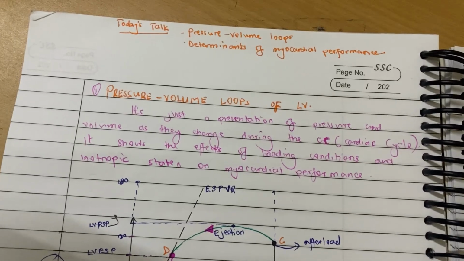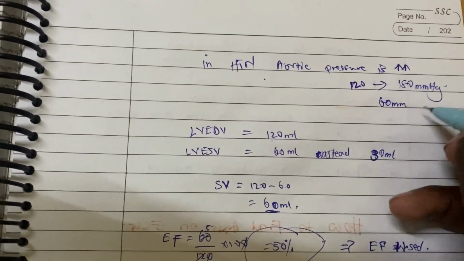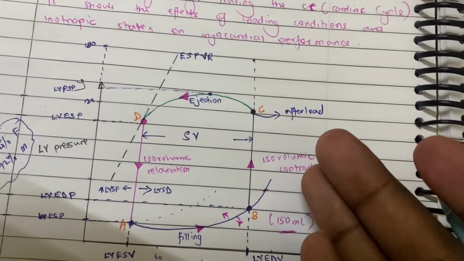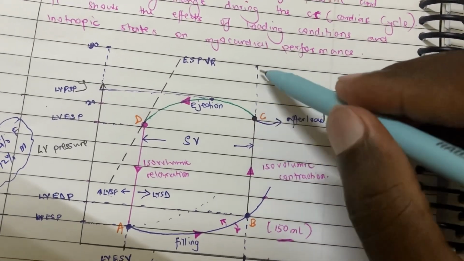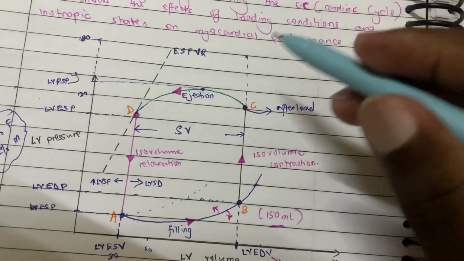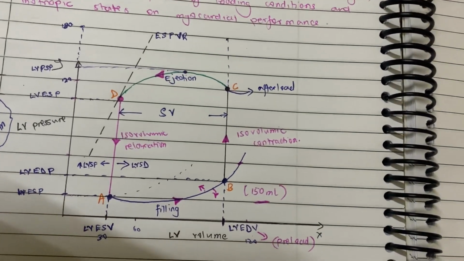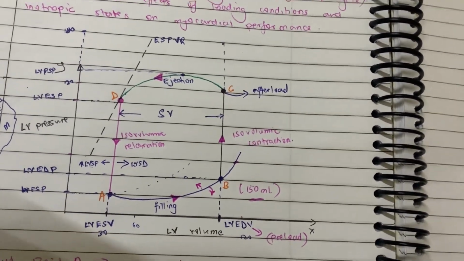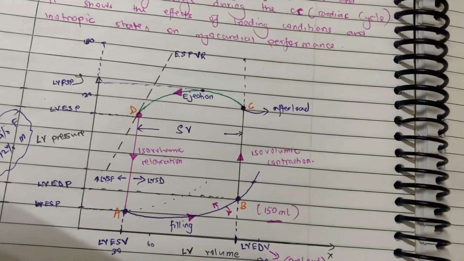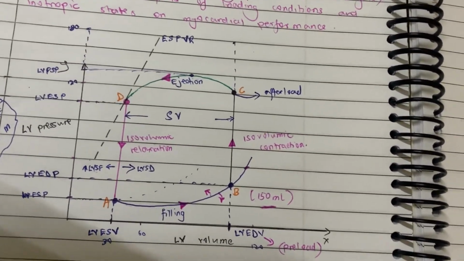The LV is supposed to generate an extra 60 millimeters of mercury before it ejects. So if we find that this point C is shifted upwards, it is increased afterload. The conditions can be systemic hypertension or aortic stenosis.